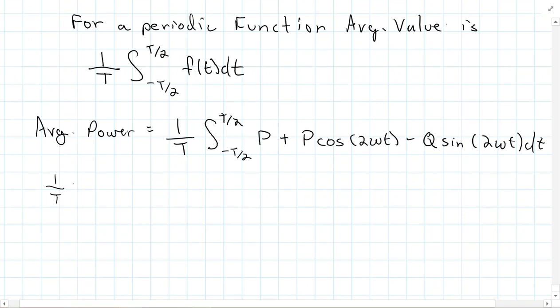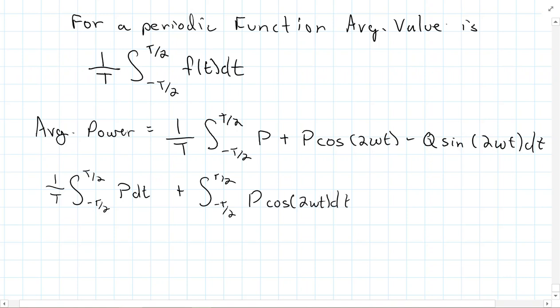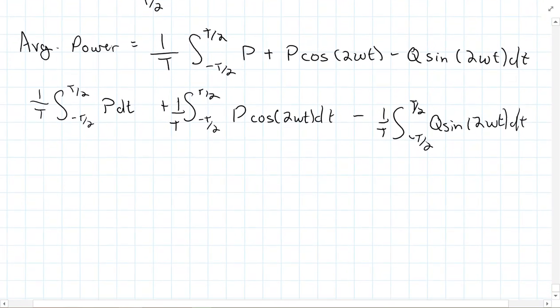So I have 1 over T, integral from minus T over 2 to T over 2, capital P, plus 1 over T, integral from minus T over 2 to T over 2 of P cosine of 2 omega t dt, minus 1 over T, integral from negative T over 2 to T over 2 of Q sine of 2 omega t dt. Now, I claim one of these is very easy to do. This one I claim is just obviously 0.